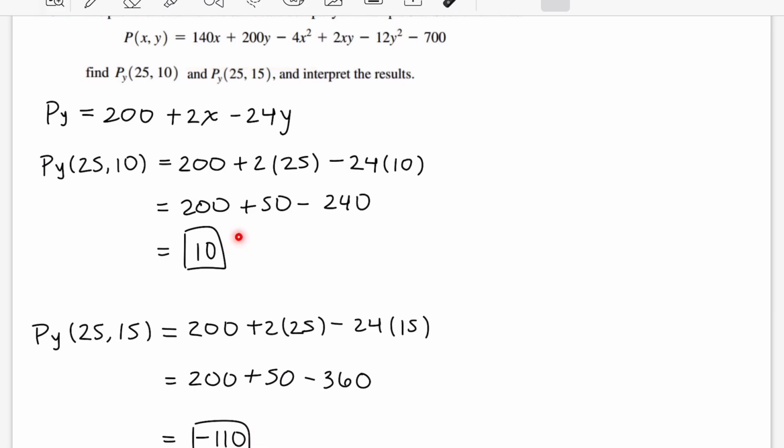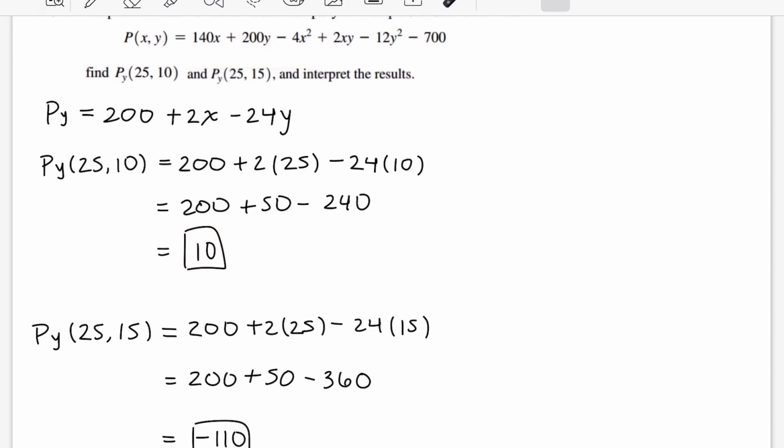So what this information here tells us is that at a production level of 25 standard and 10 competition boards per week, increasing the production of the competition boards, since we took the partial derivative with respect to y, our competition boards, increasing this by 1 unit and holding the production of our standard board fixed at 25 here will increase profit by approximately $10 here.